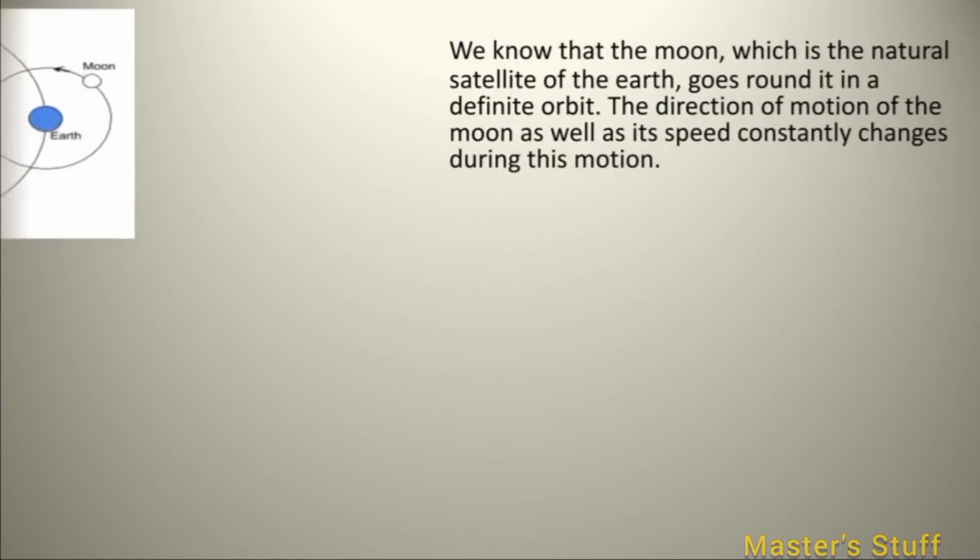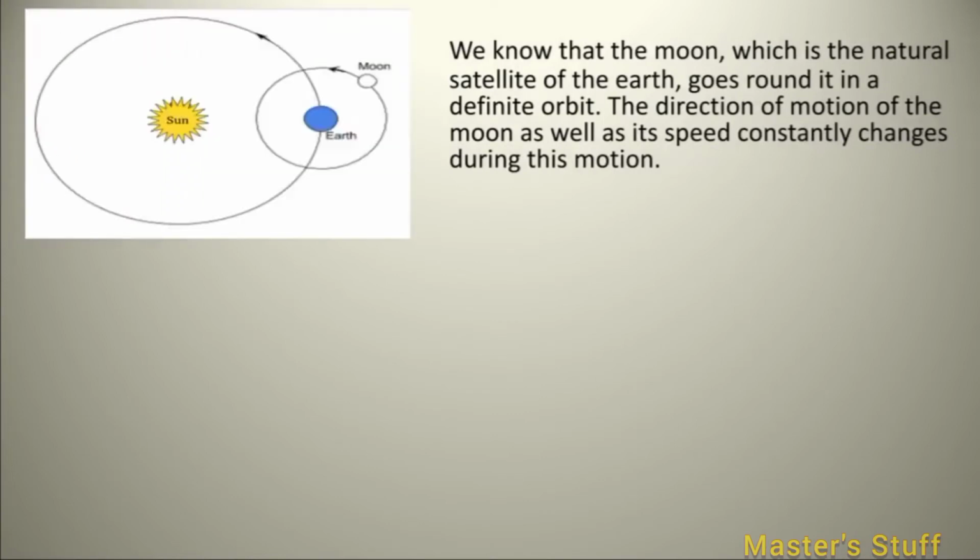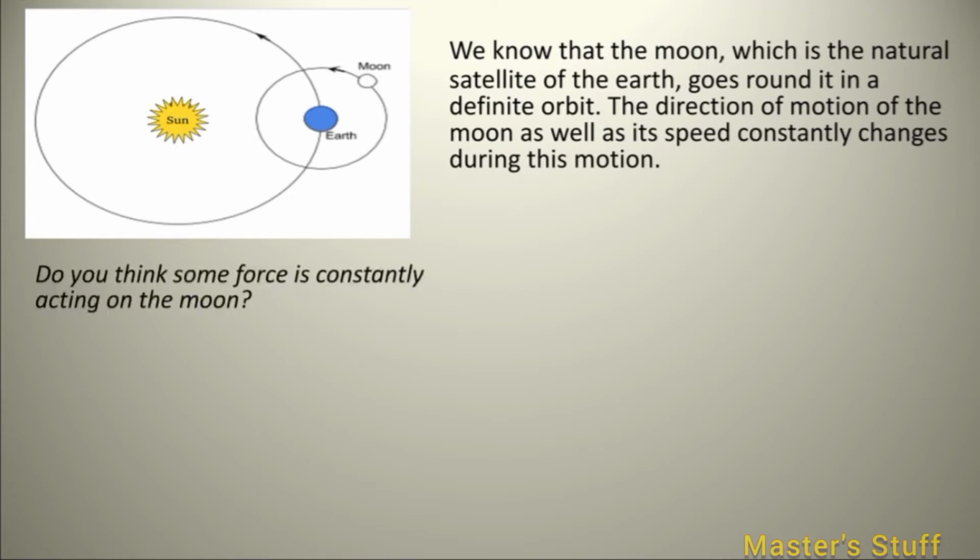Now, we know that the moon is the natural satellite of Earth and goes round the Earth in a fixed orbit. The direction of the motion of the moon as well as its speed constantly changes during its motion.